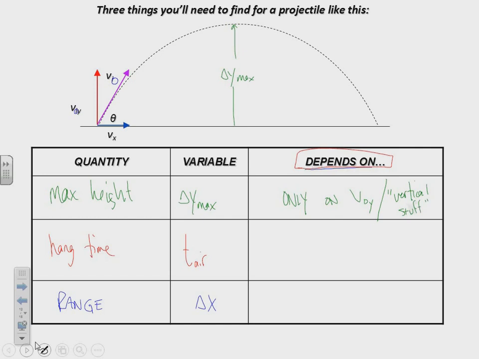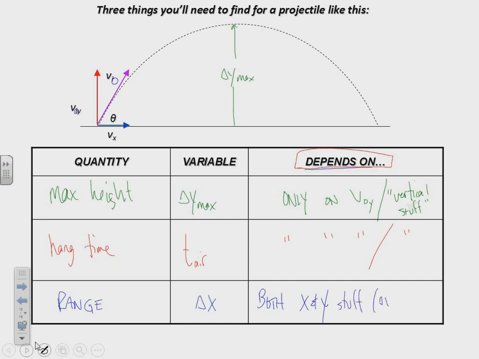Time in the air, we keep saying, well, we've said it a couple times now, depends only on V naught Y, only on vertical stuff. How far you go as a range, this is the tricky one. It depends on both X and Y stuff, right?